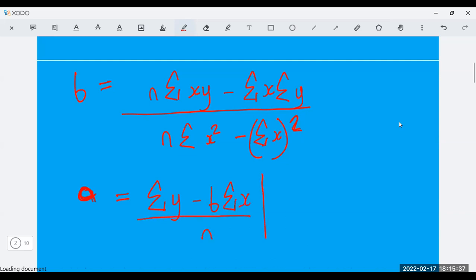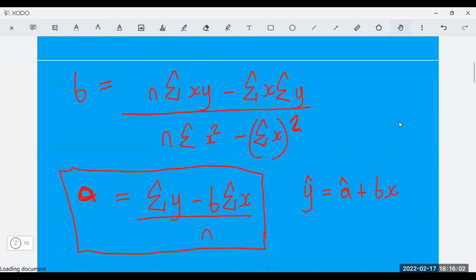This is to find the y-intercept. That's for the y-intercept A. And then, of course, we can write it in the form y equals a plus bx. So that's the formula that we're going to use to find A.